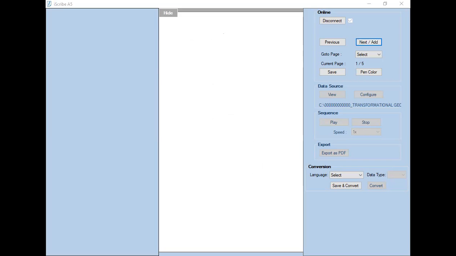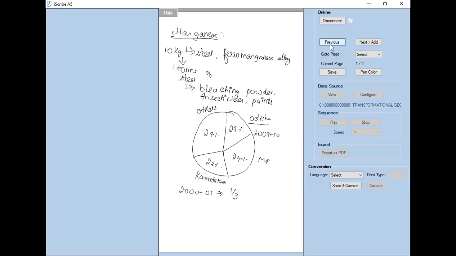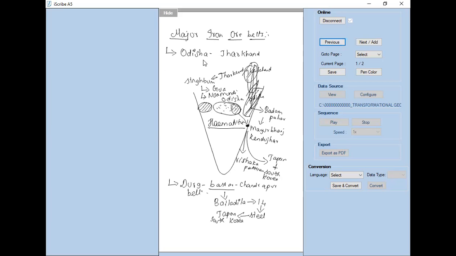Next, this is about ferrous minerals. In ferrous minerals, we had seen iron and manganese. In iron, we have seen the major iron ore belts. Can you give a quick recap? Odisha-Jharkhand belt.